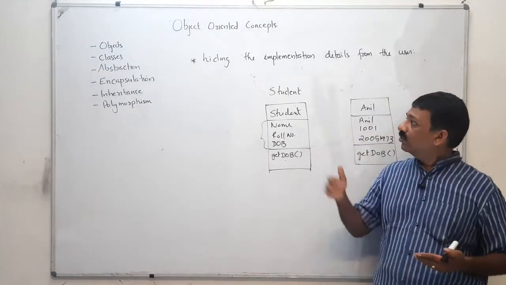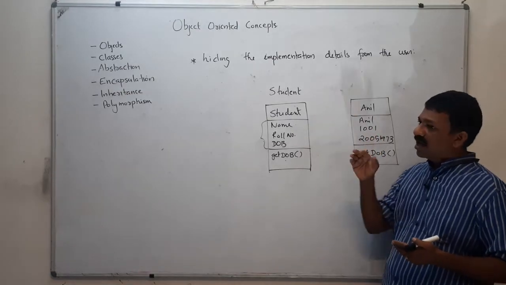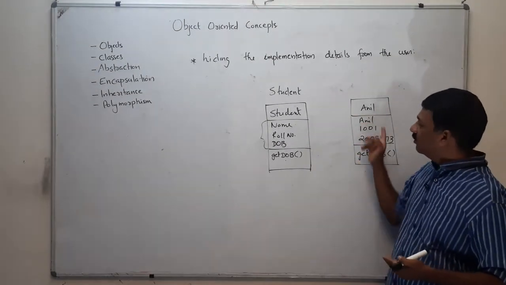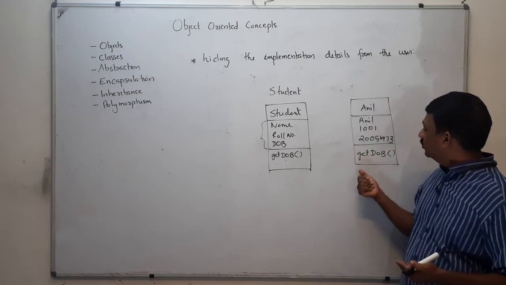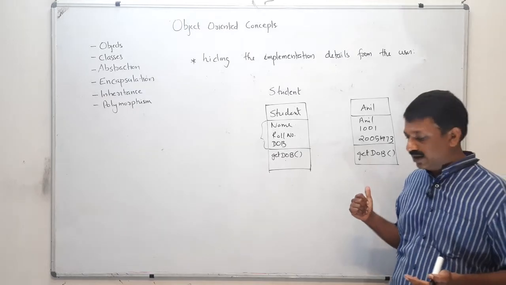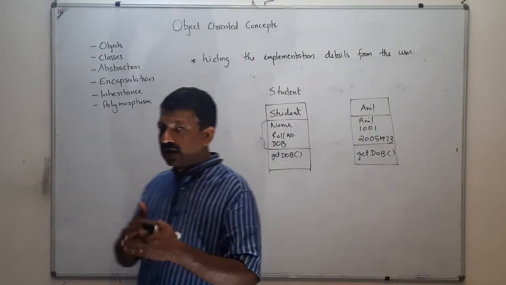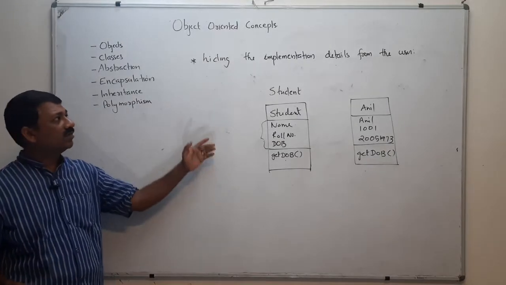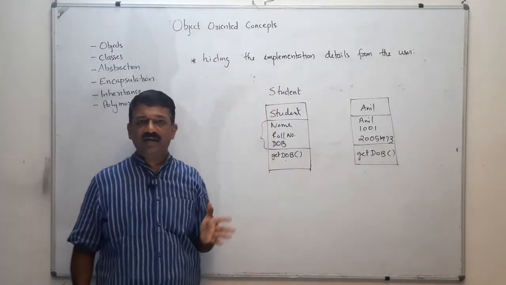Suppose that you are going to create a student class, and in your program, if you want to access the date of birth of ANIL, then you just give getDOB of ANIL. That means how the system implements that is hidden from the user. That means hiding the implementation details.